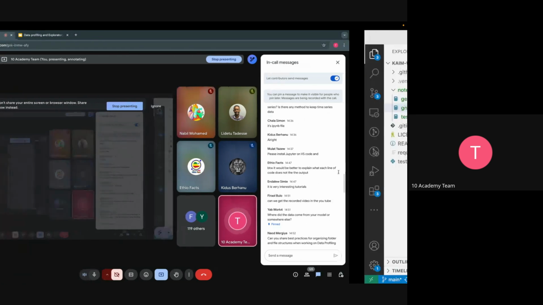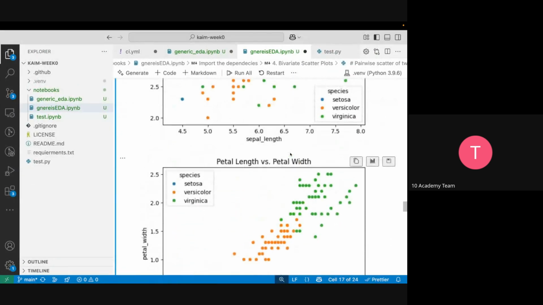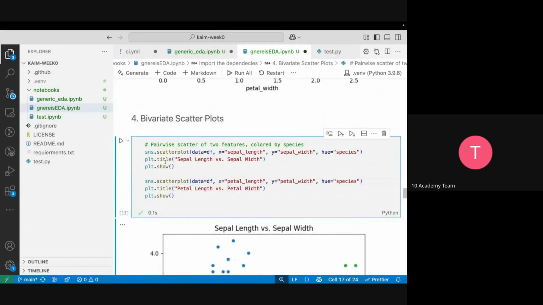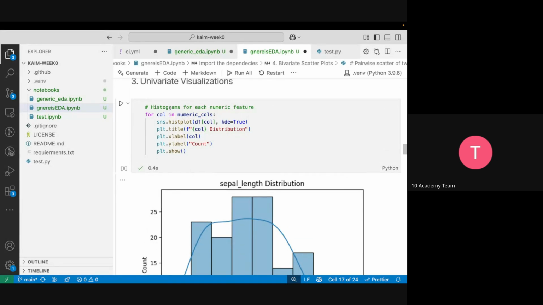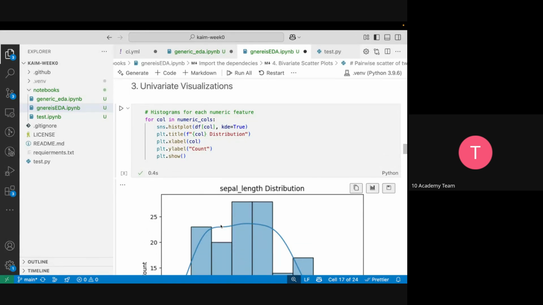I think I have explained each line of the code. This is just sns.scatterplot for plotting the scatter, and sns.histplot, which is histogram plotting.